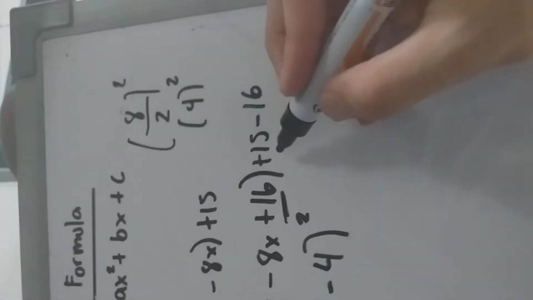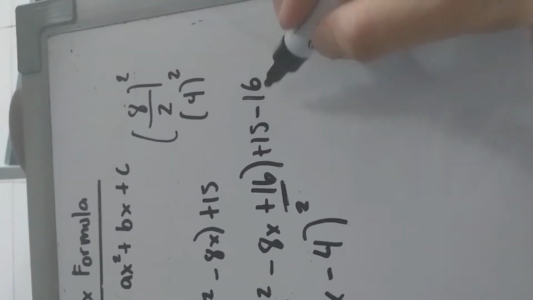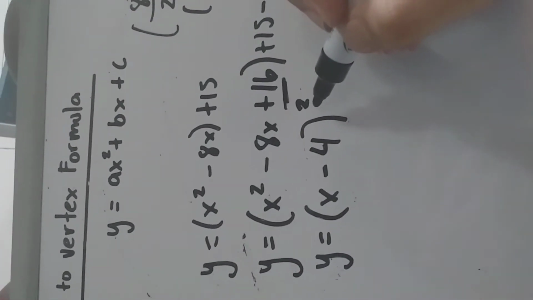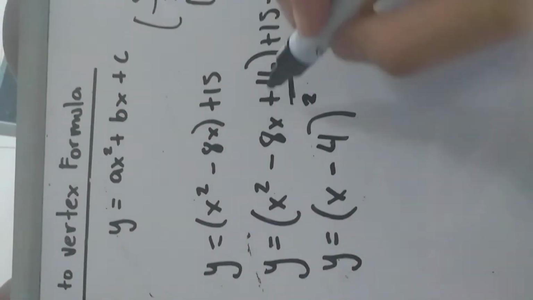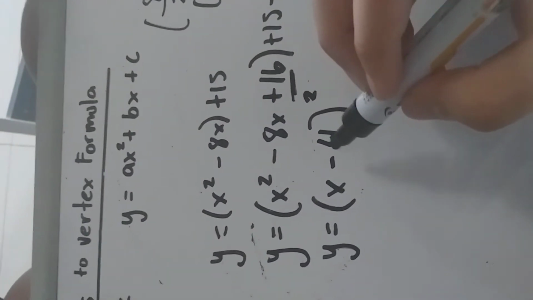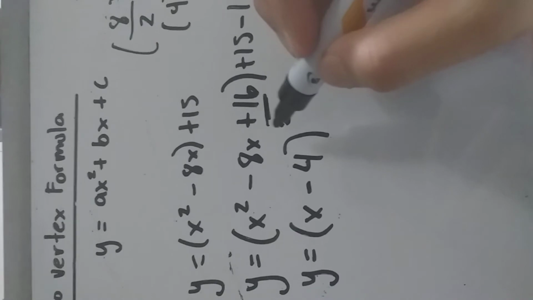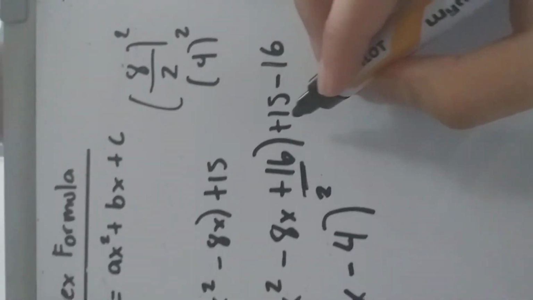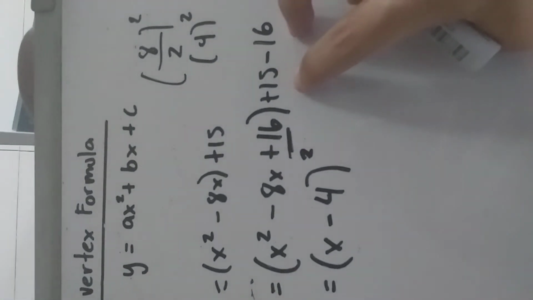Then plus 15 minus 16. If you're asking where I got the squared, that's automatic: because you take the square root, you need to put the square on top. Then you simplify this.